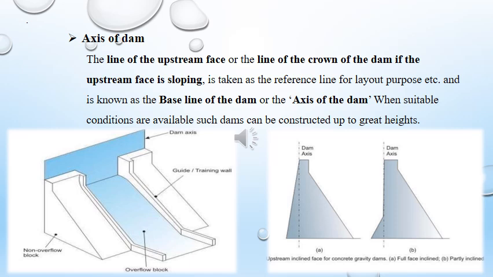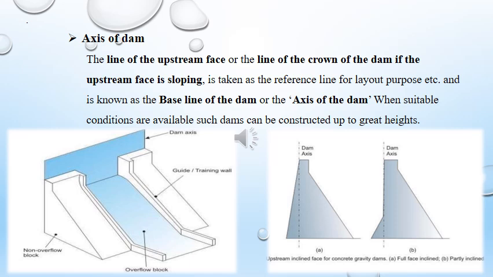But in case this is the upstream face and it is vertical, then this is the axis of the dam. But in case the dam is sloping up to the crown or from the crown, then a vertical line is drawn at the upstream side of the crown.